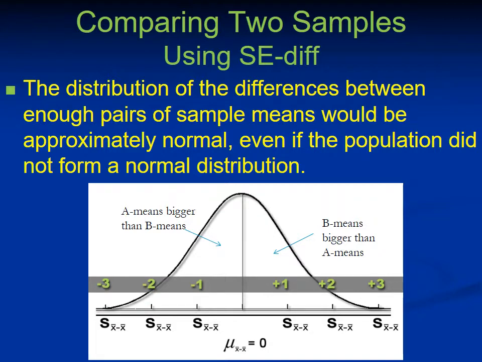So if we go back to compare our original two samples, right, and we calculate the standard error of the difference mathematically, right, instead of having to take an actual infinite number of samples.